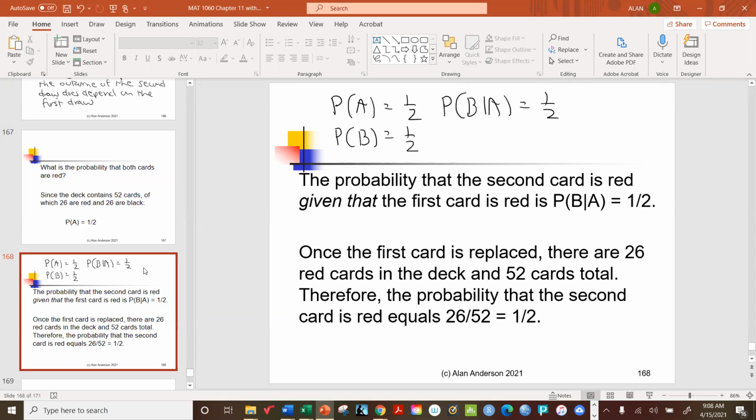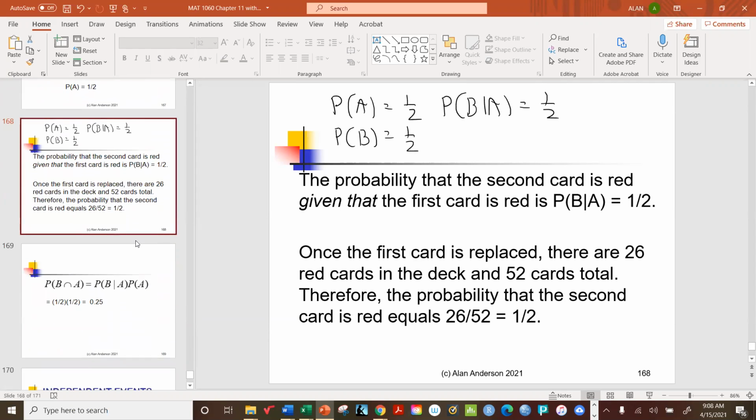So the fact that we drew or did not draw a red card in the first draw does not influence the second one. So therefore, to calculate the probability that they're both red, by applying the multiplication rule, we're going to do it like this.